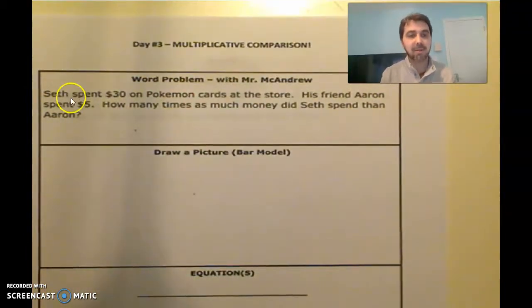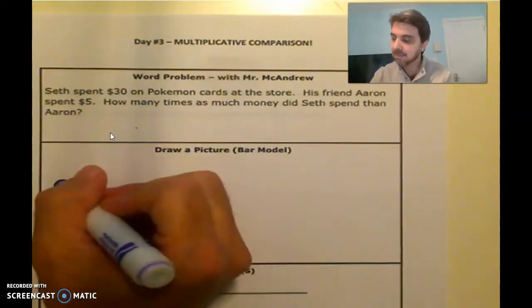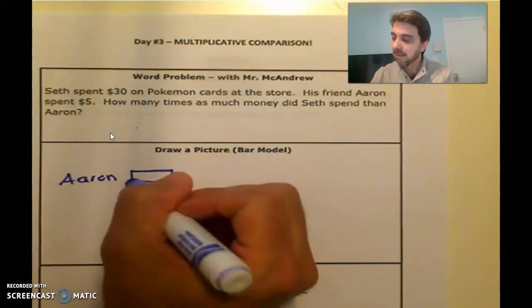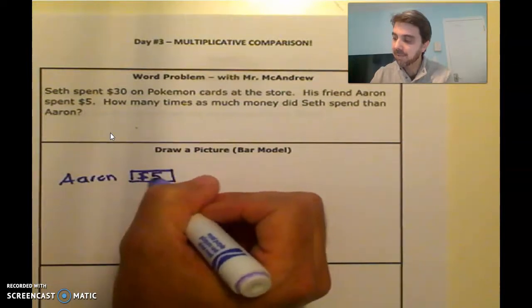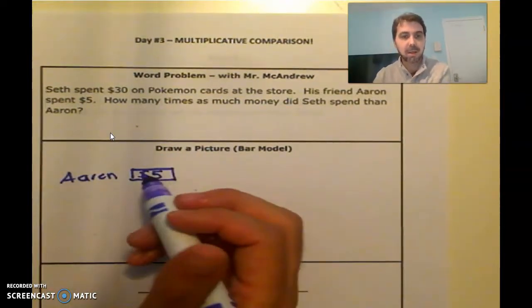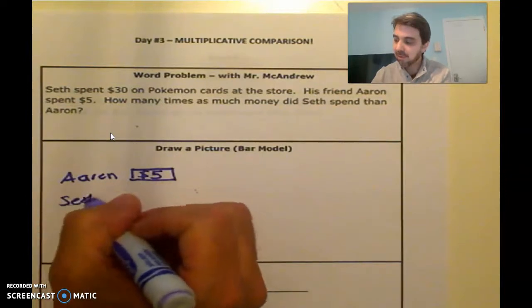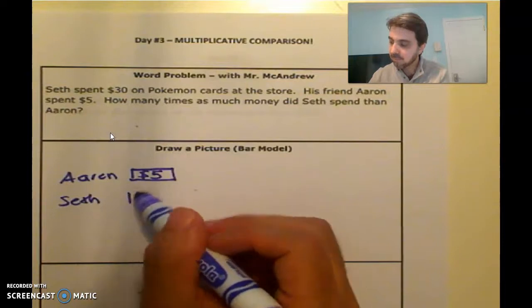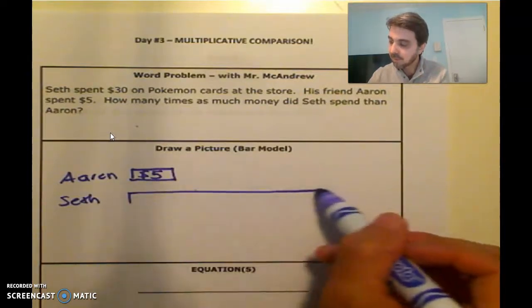So it says Seth spent $30 on Pokemon cards at the store. Do you guys like Pokemon cards? Maybe when you were younger, I don't know. His friend Aaron spent $5. So we already know that Aaron spent $5, and we know that Seth spent $30, so he spent more.